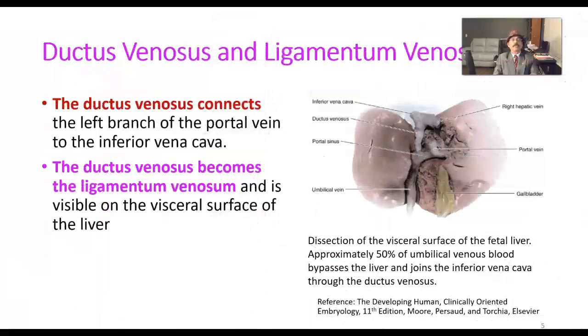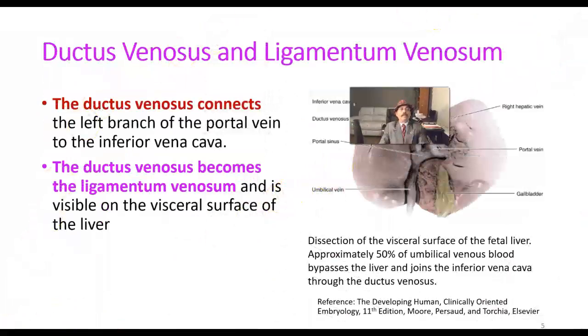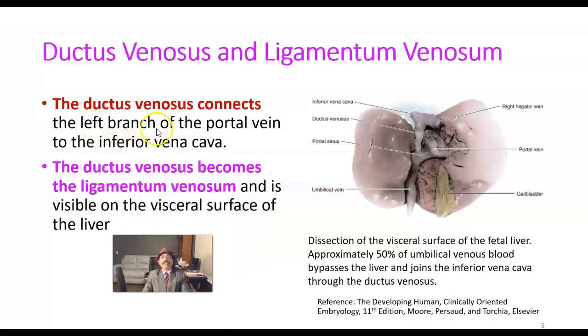So what is ductus venosus and ligamentum venosum? Ductus venosus connects the left branch of the portal vein to the inferior vena cava. It carries the oxygenated blood via the left umbilical vein.